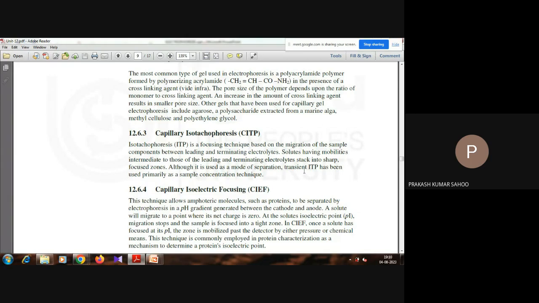Although it is used as a mode of separation, transient ITP, that is isotachophoresis, is used primarily as a sample concentration technique. That means it is the starting point and the end point.